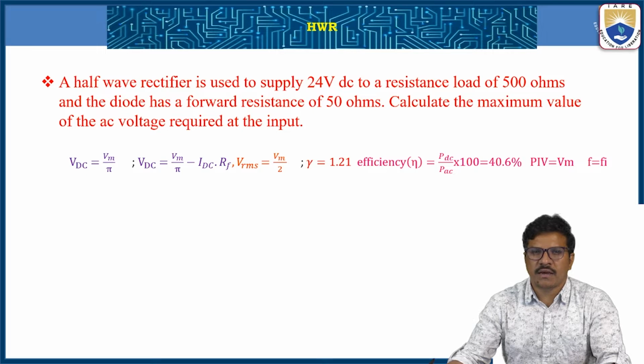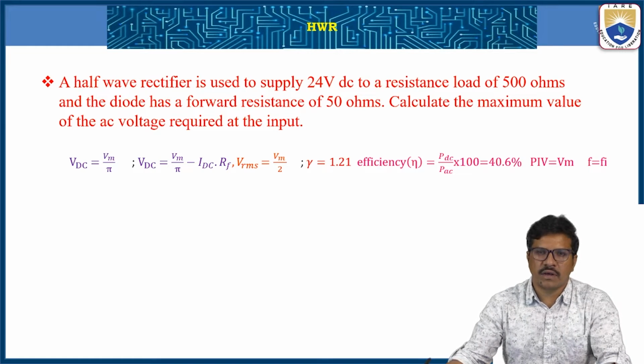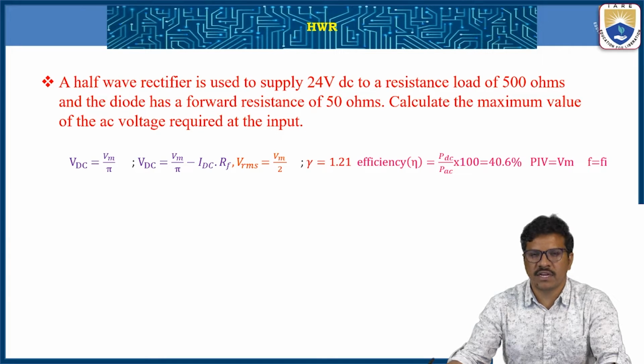These parameters are the DC voltage, RMS voltage of the rectifier output, ripple factor, efficiency, peak inverse voltage, output frequency, peak factor and form factor. All these parameters help us say whether a given rectifier is efficient in converting AC into a pulsating DC signal.